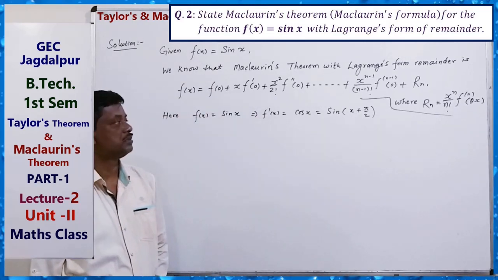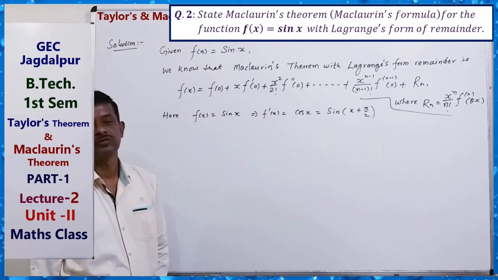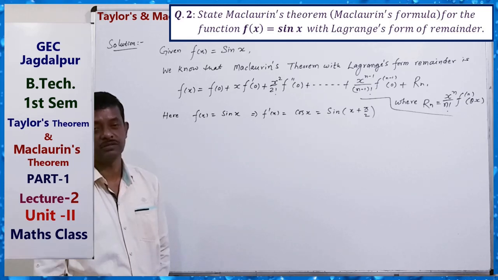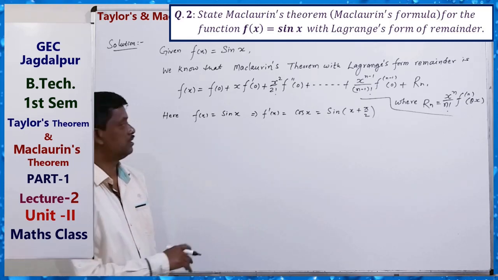Sin of 90 plus x equals cos x, positive in the second quadrant. So we can write this.